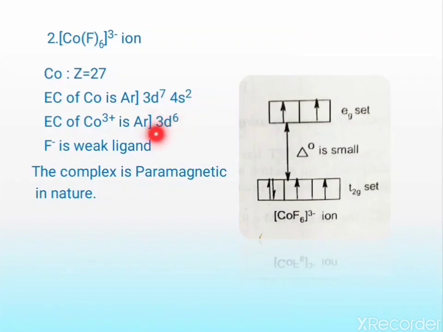Here d has 6 electrons, distributed according to Hund's rule. There are 4 unpaired electrons present, hence this complex is paramagnetic in nature.